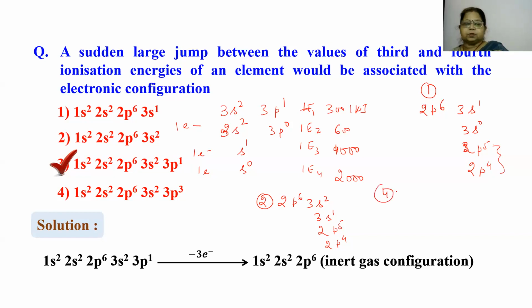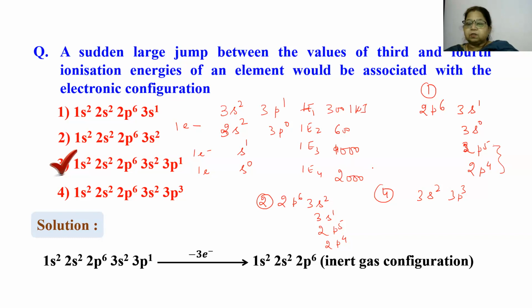The fourth option has 3s2, 3p3. First of all, understand that if it gives out 3 electrons, in this case it is the first ionization enthalpy which will be very high, because 3p3 itself is highly stable.